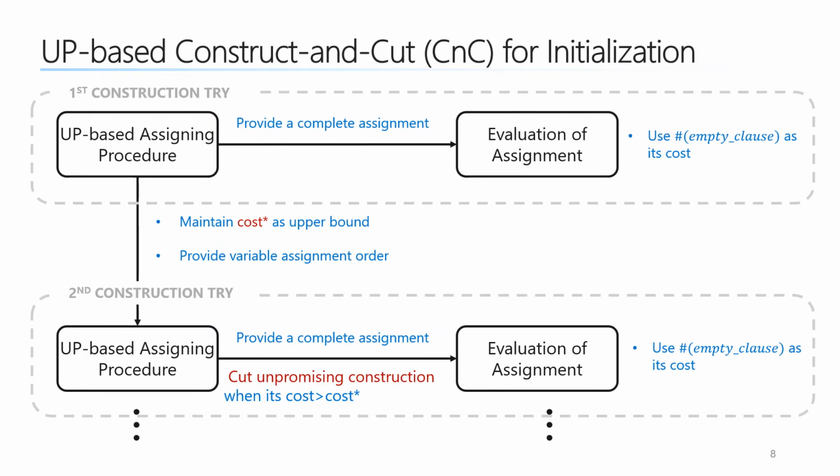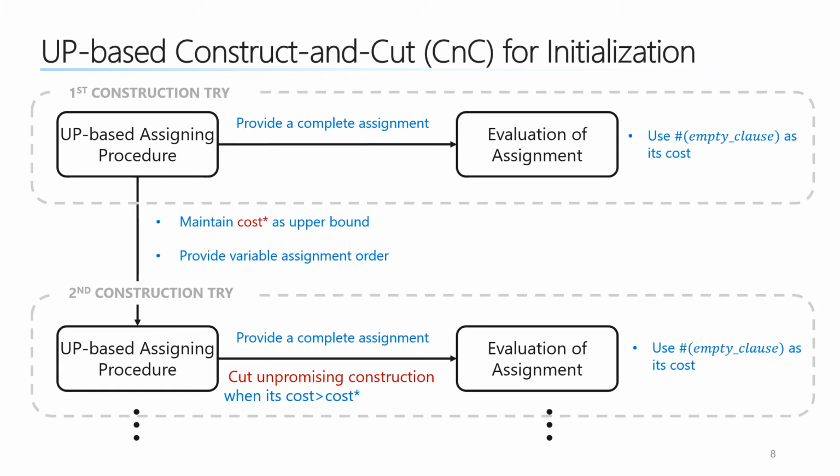Now, in this slide, we propose a novel UP-based construct and cut, CnC, method for initialization. The procedures of how the CnC method works are illustrated in this figure. We also describe how the CnC method works as follows. The CnC method iteratively performs assigning procedures.